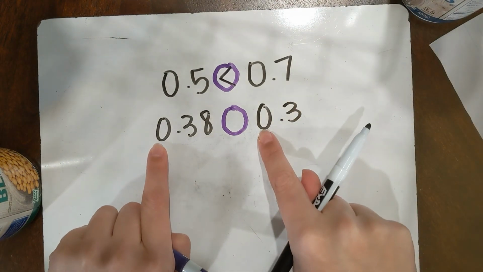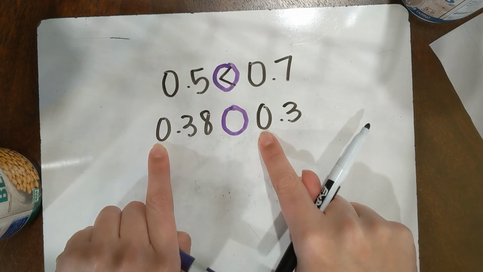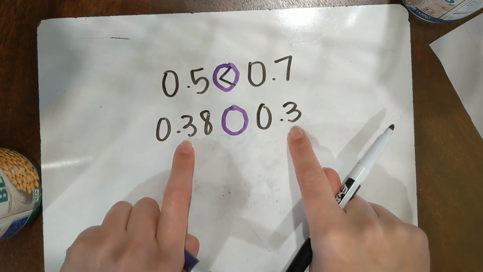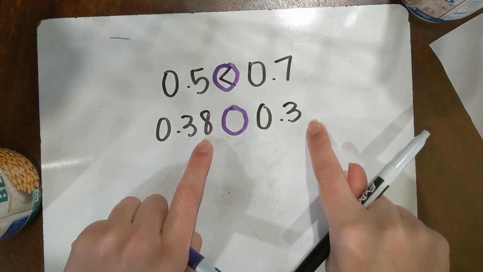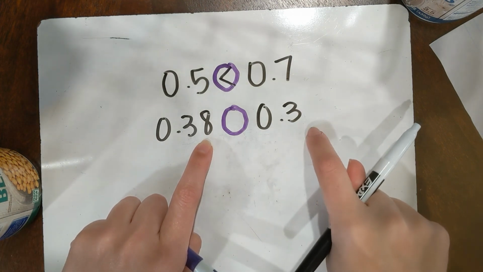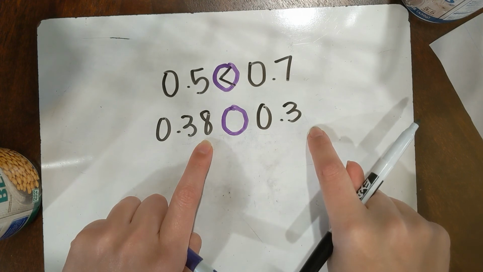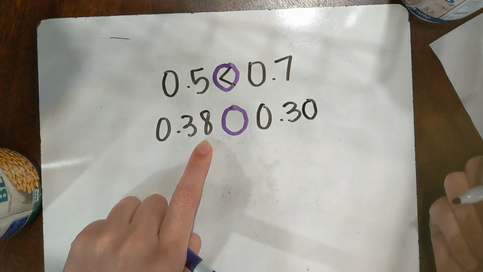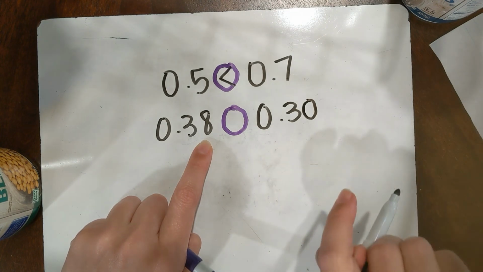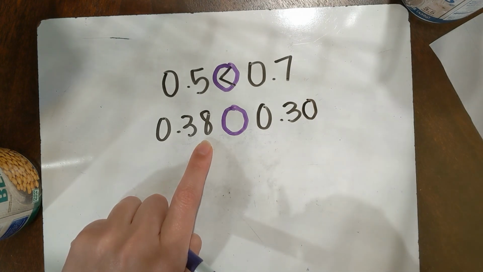Okay? 0 and a 0. That's the same, let's move over. 3 and 3. That's the same, let's move over. Uh-oh. We have an 8 and then a blank spot. But we know, we talked about it on our last set, you can add a 0. Just on that side and just with decimals. That's the only time it works.